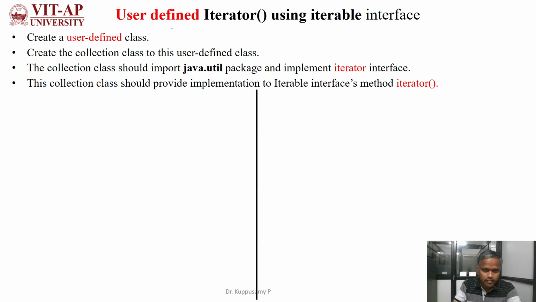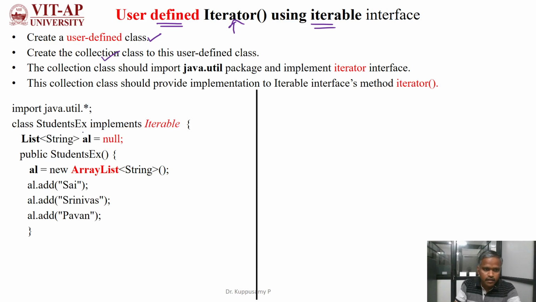Here I am giving an example of a user defined iterator method using the Iterable interface. For that, the first step is to create the user defined class, then create the collection class. Here we are creating the user defined class, which implements the Iterable interface.